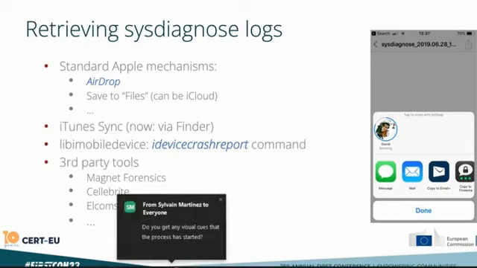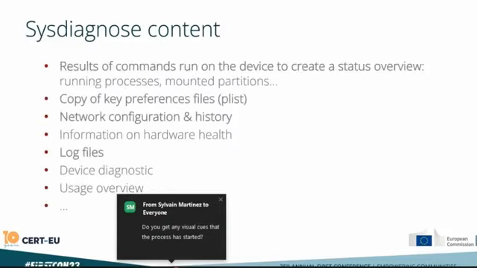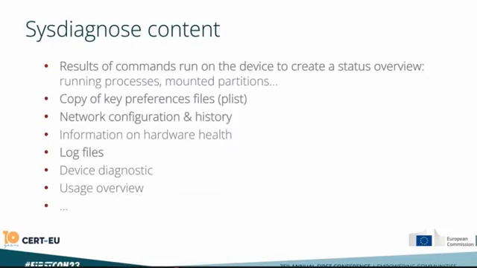So now the interesting part is in terms of content. You have the output, usually text output, of a few commands that are run on the device, which show the running processes, mounted partitions, and so on. They also copy what they consider key preference files, which are the plist files for those familiar with macOS.